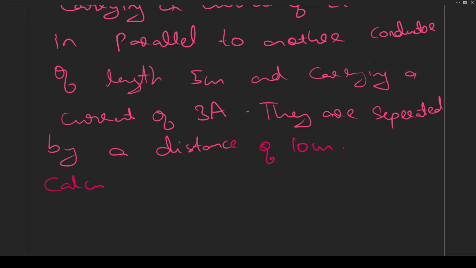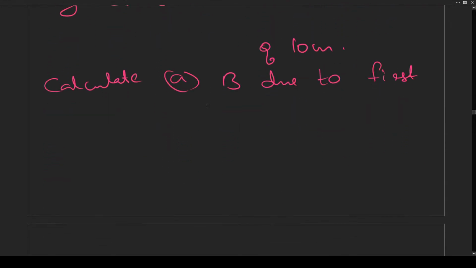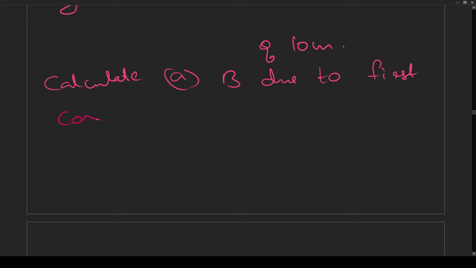Calculate A, magnetic field due to first conductor at the location of second conductor.